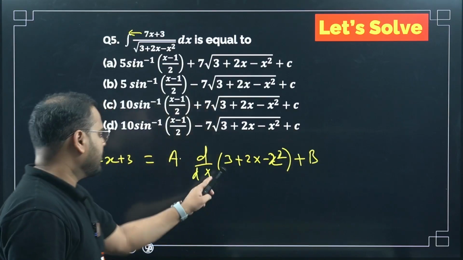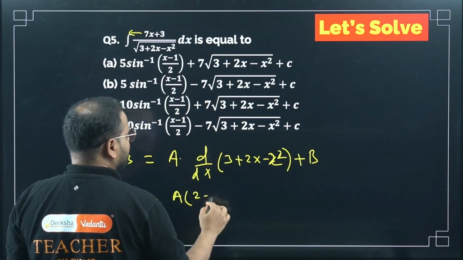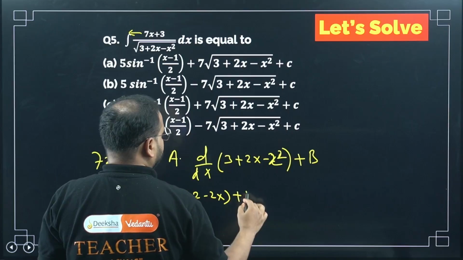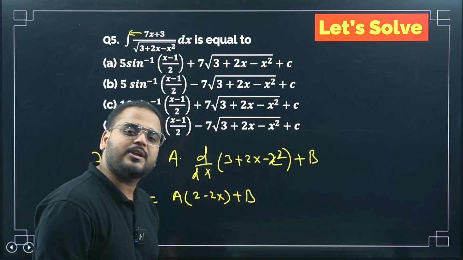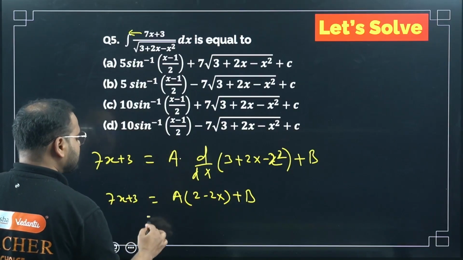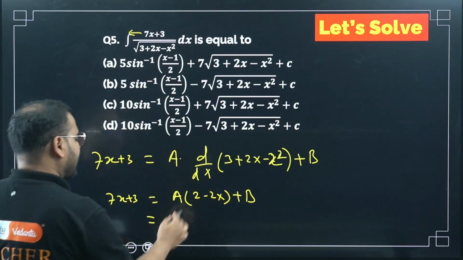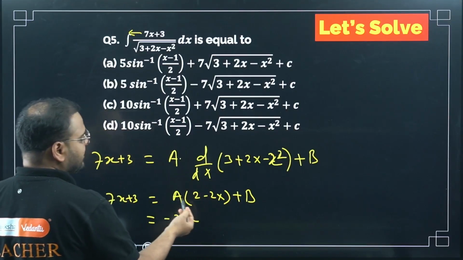Next step is to do the differentiation. I get a times of 2 minus 2x plus b. How come, sir? You know the differentiation. 3 is 0, 2x is 2, minus x square is simply minus 2x. Please compare the coefficients for x and the constant term. For x I get simply minus 2ax. For the constant I get 2a plus b.